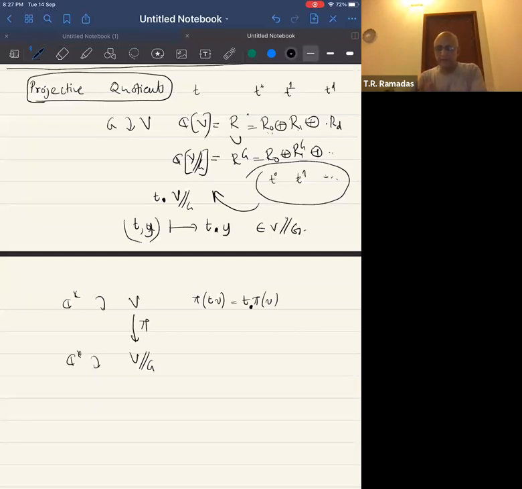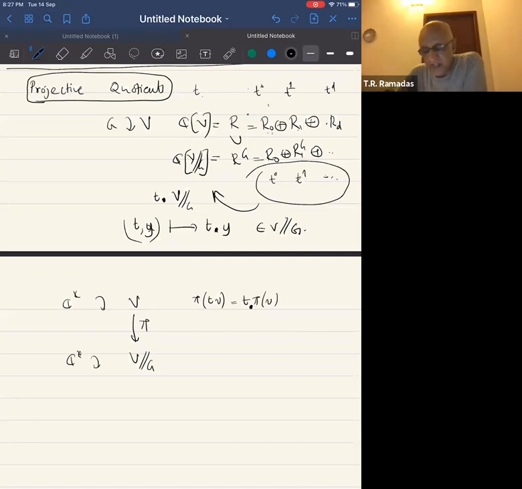So let me repeat. On V itself, the scalar multiplication by t induces an action of C star on polynomials, such that homogeneous polynomials of degree d are multiplied by t to the d. And the scalar action on V can be reconstructed by the action on functions.